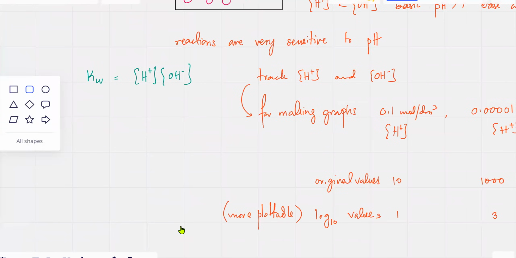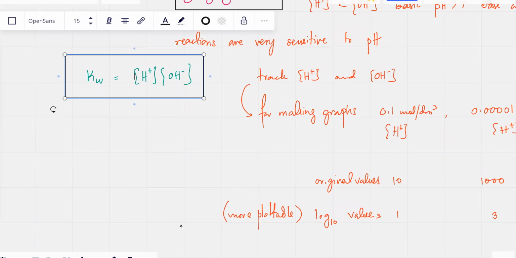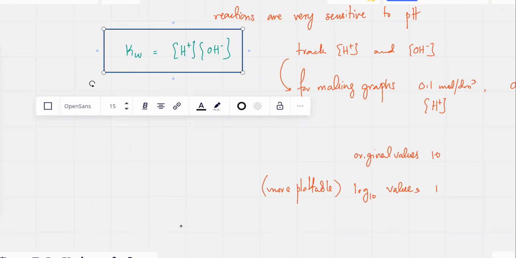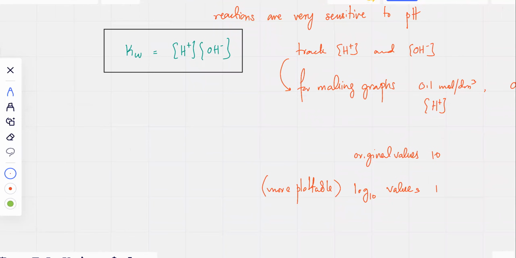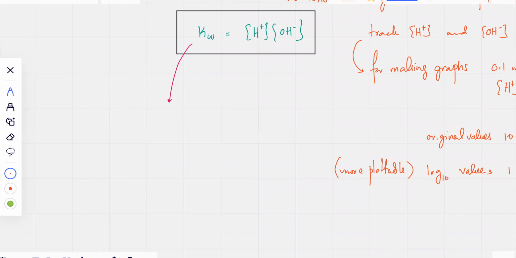What we are trying to do is plot the concentration of H plus ions, because it's very important to do that in different scenarios. So we're going to take this expression, and I'm going to take the negative log on both sides. This thing would become negative log of Kw, which is equal to the negative log of the concentration of H plus ions multiplied by the concentration of OH minus ions.